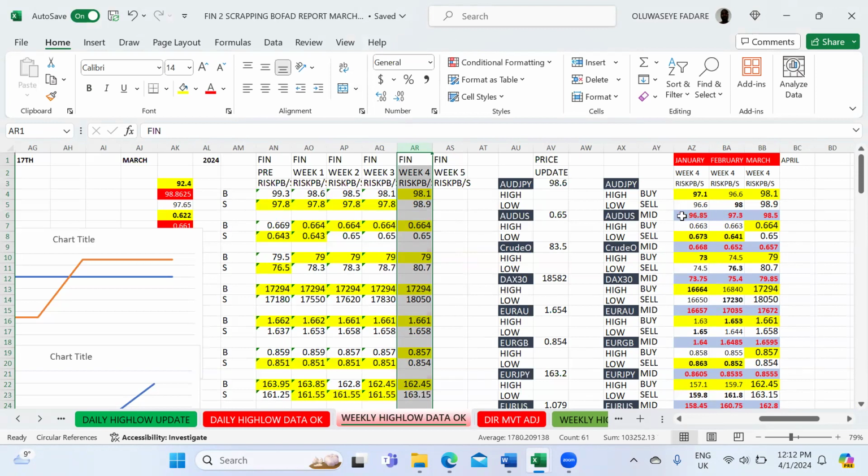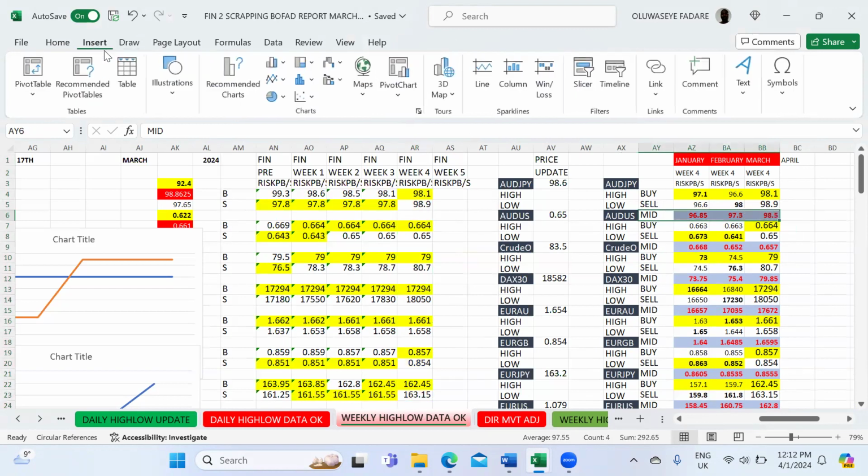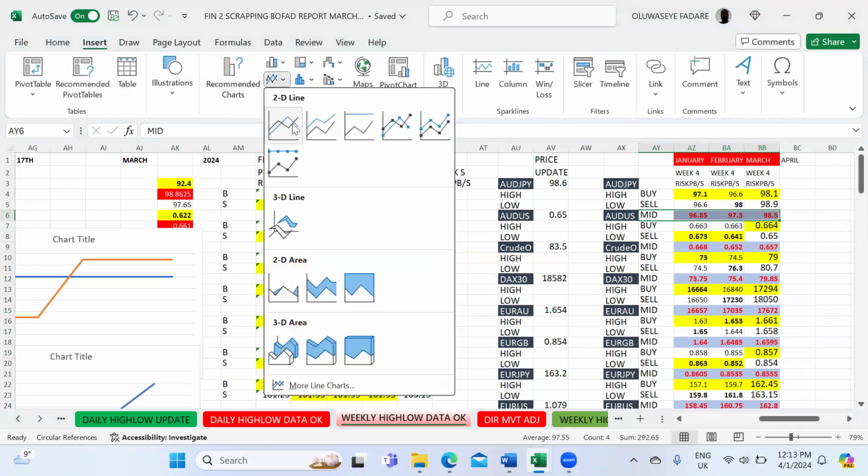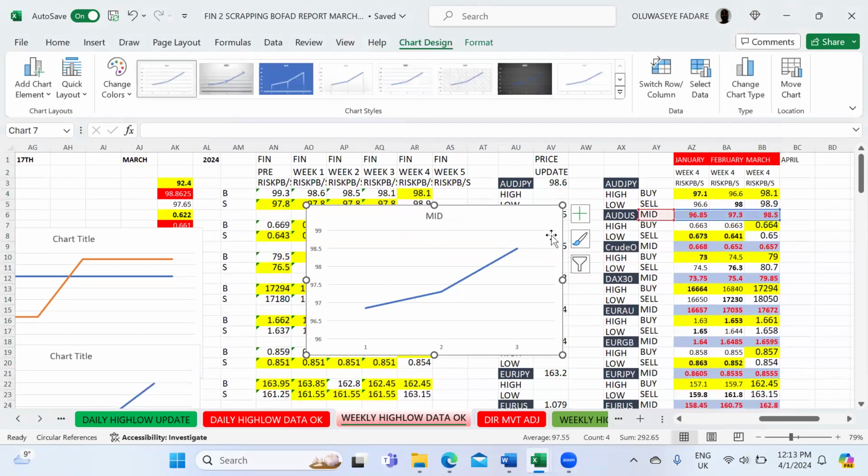Like we said earlier, look at AUD JPY. For AUD JPY, if you look at the market, you see it is going up. AUD USD, the same thing. Crude oil, you see the move.